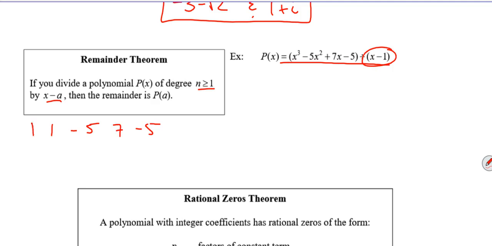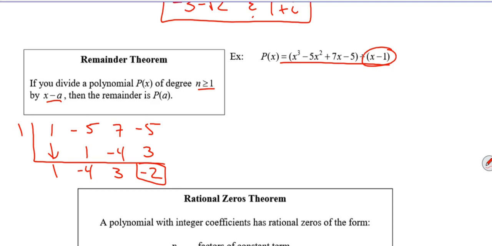Since I'm synthetically dividing, the zero of x minus 1 is positive 1. Bring down my 1, multiply, combine -5 and 1 to get -4, multiply, and I get -4 again. Combine 7 and -4 to get 3, multiply, and I get 3. Combine -5 and 3, and I get -2.